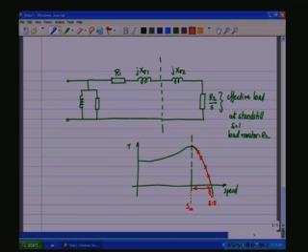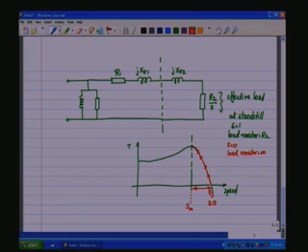So when S is 0, the resistance is infinite. That is, at S equal to 0, the load resistor is infinite, which means at this point there is no power transfer to the load, like open circuit.